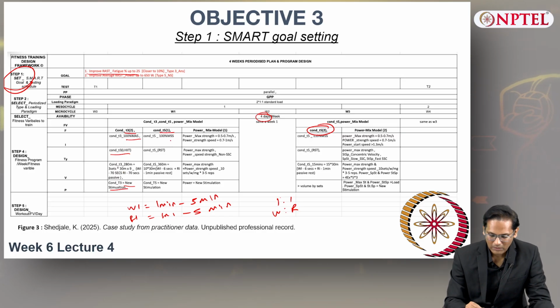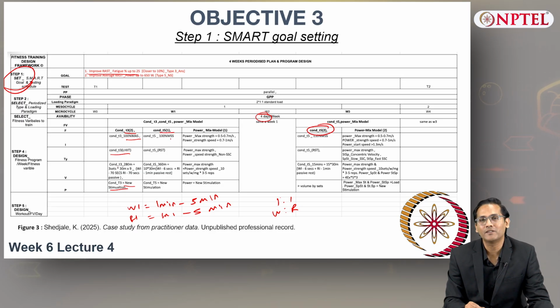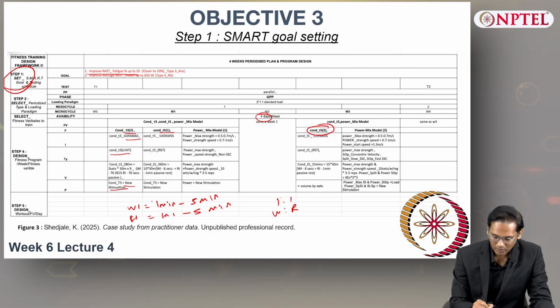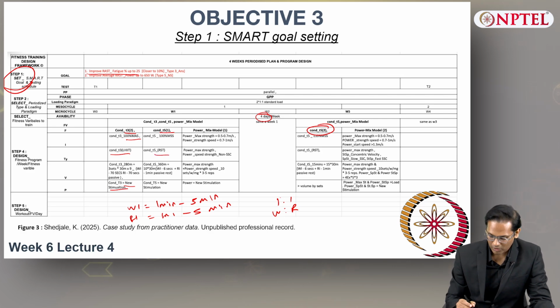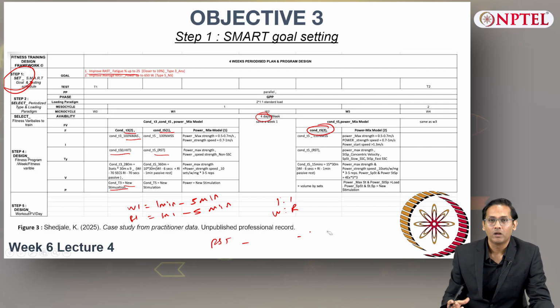Now, the next workout, improving repeated high sprint ability. The training method that is chosen is repeated sprint training. For repeated sprint training, the work interval is up to 10 seconds and the rest interval can be up to 1 to 2 minutes.